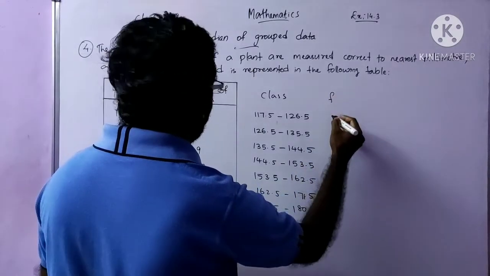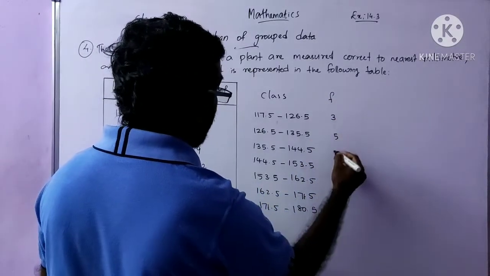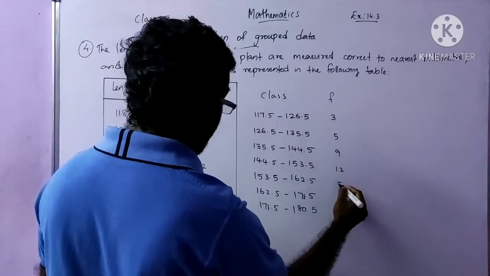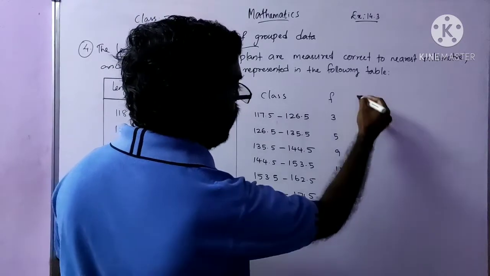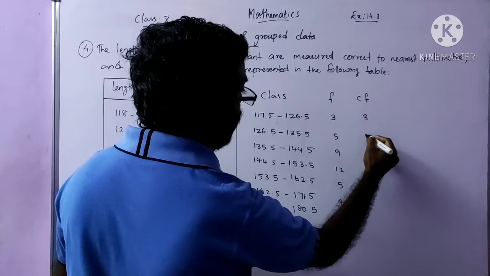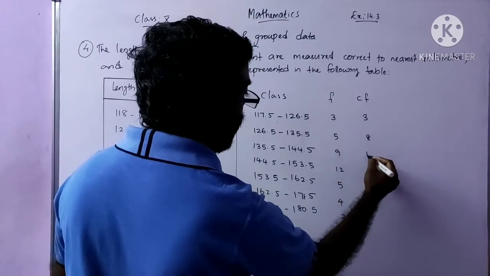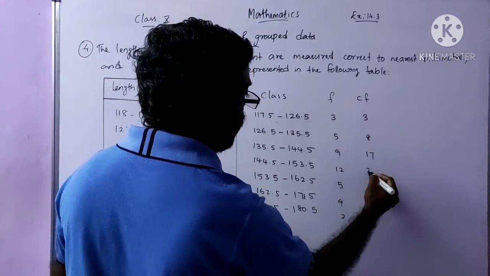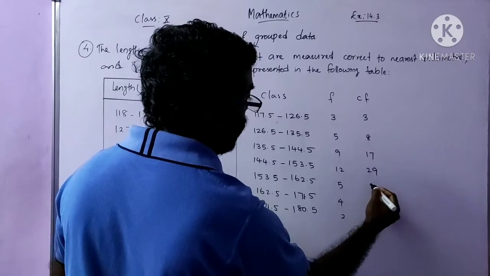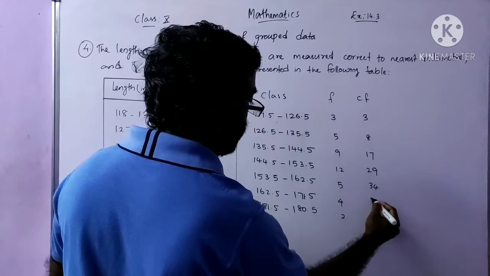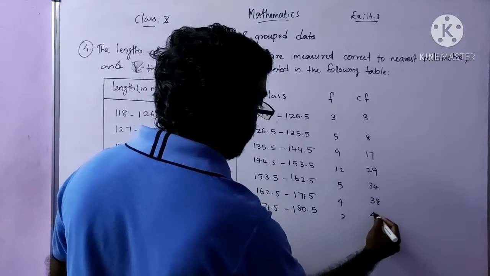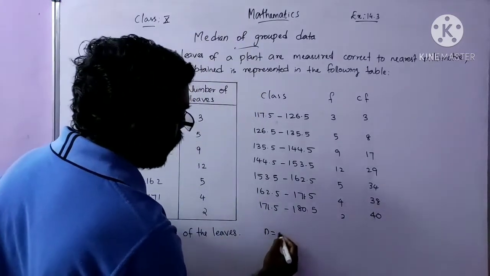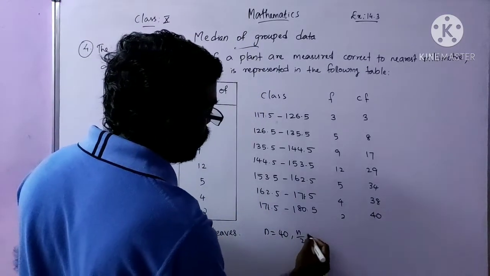Write the same frequency. f is 3, 5, 9, 12, 5, 4, 2. Then cumulative frequency 3, 3 plus 5, 8, 8 plus 9, 17, 17 plus 12, 29, 29 plus 5, 34, 34 plus 4, 38, 38 plus 2, 40. So here n is equal to 40 and n by 2 is equal to 20.